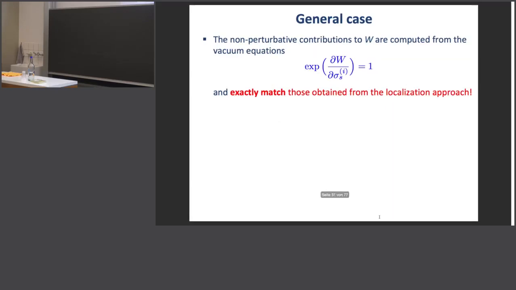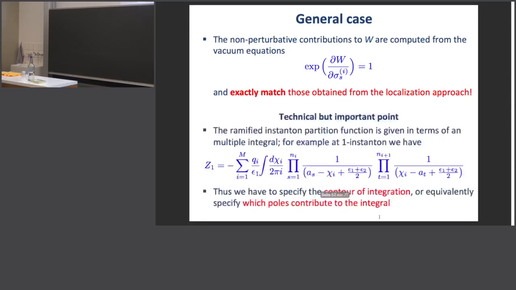Actually, in order to get this perfect match term by term, there is a technical but very important point which so far I have not talked about. Namely, when you want to compute the results explicitly in the Nekrasov-like partition function, you have to compute several integrals, and typically they are multiple integrals.